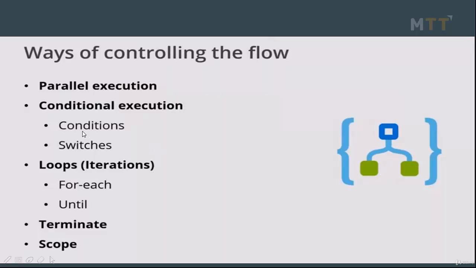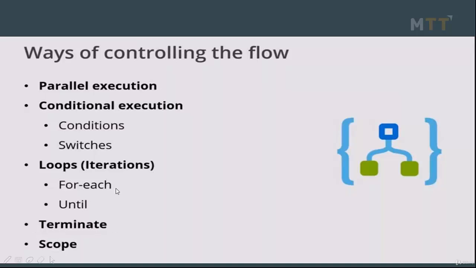Conditional is we have if and switch here, and there are some scenarios where you may want to repeat the same action, so for that you can use these iterations. We have for each and until, both are similar, and then we have terminate. It's like a break. In your switch case, we have break, right? Or somewhere we can call break in your iterations. This is like that terminate.